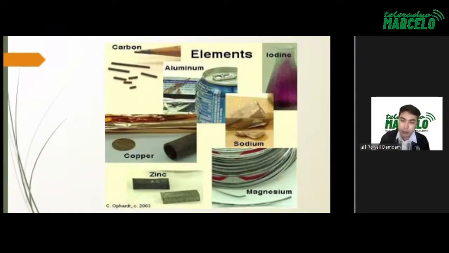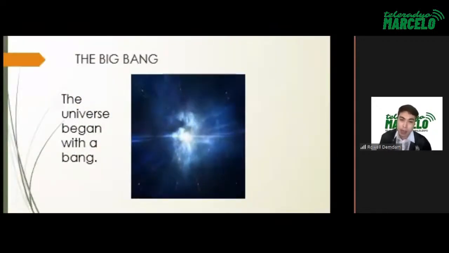There was a tremendous explosion that occurred, and this explosion started the expansion of the universe. What do you call this explosion? Okay, you are correct. The explosion is known as the Big Bang, and so the universe began with a bang.